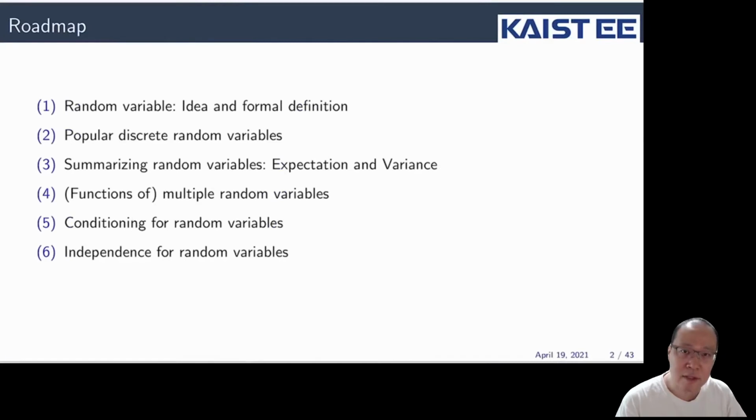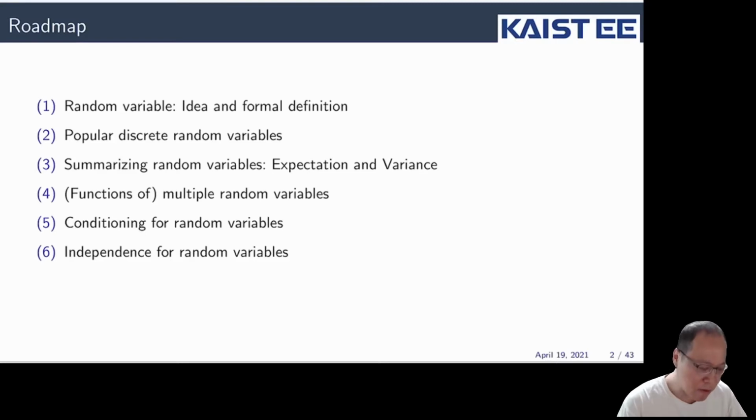The topics and contents that we're going to discuss in this lecture 3 are six things. First, I'm going to explain the basic idea and the formal definition of the random variable. Then we're going to discuss the popular discrete random variables, which are very often used in the community.